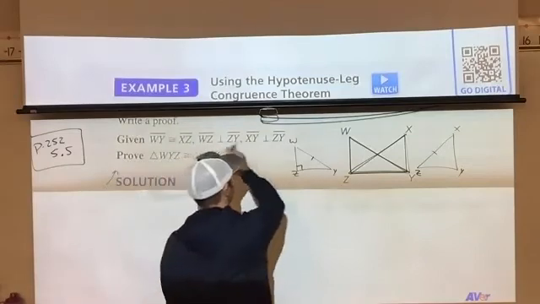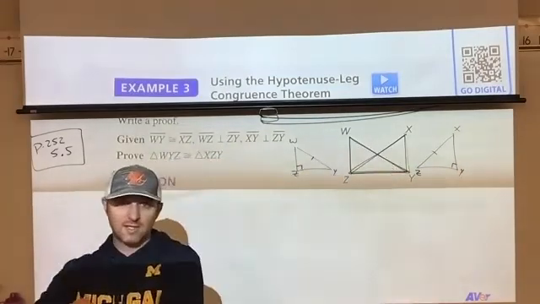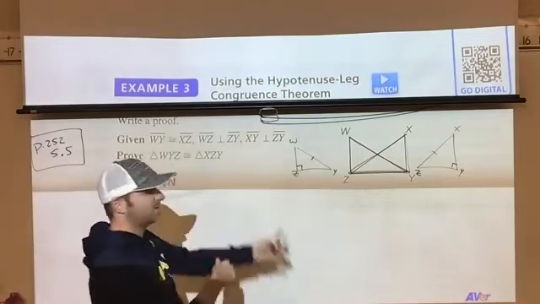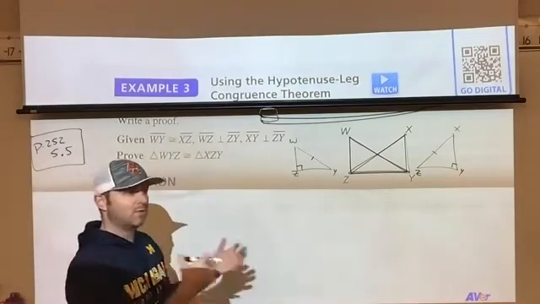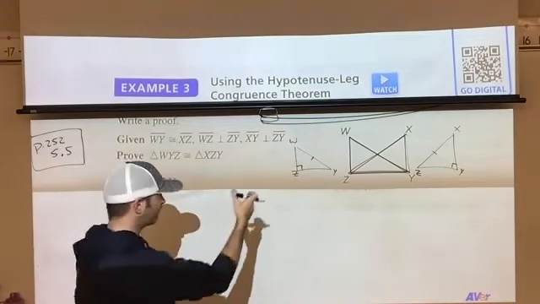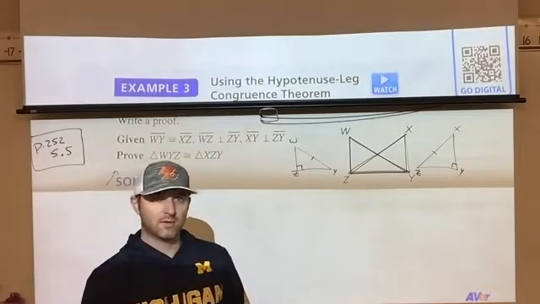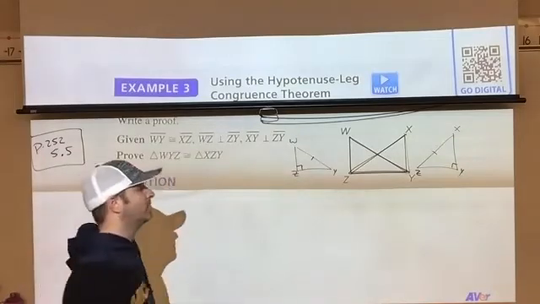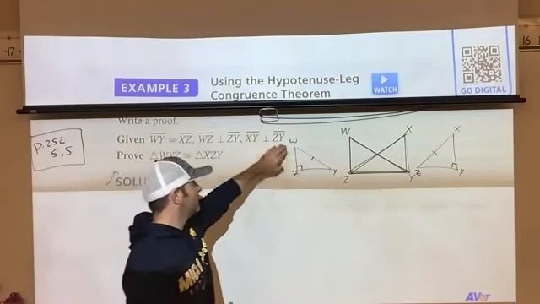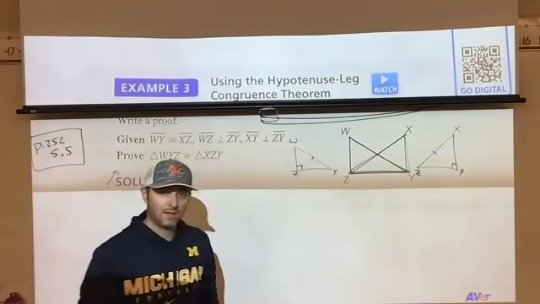Okay, so we've got that true, we've got this true over here. And what that means, guys, is that because they told us that they are perpendicular, they didn't tell us that it's a right angle. We need to add that into our proof somewhere. We have to specifically say in our proof that angle WZY and angle XYZ are right angles.